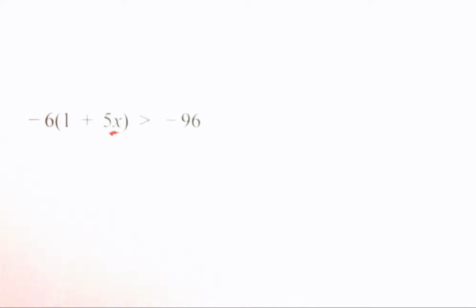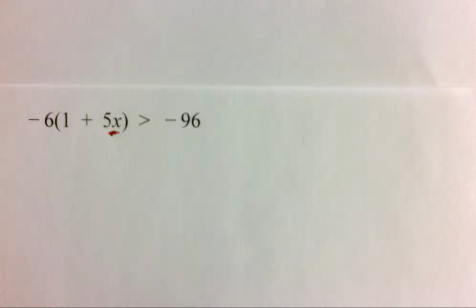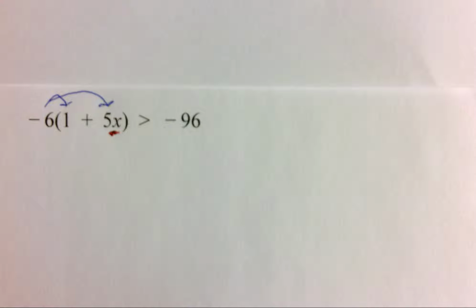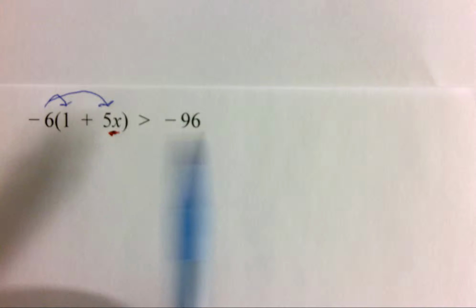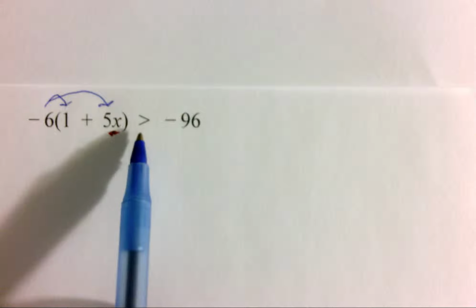Now, my goal is to solve for x, and I'm just keeping my original rule in mind. So what I'm going to do to solve for x is the same procedures that I would follow in order to solve just a regular equation. All right, I'm going to simplify my left side before I consider switching anything across my symbol.